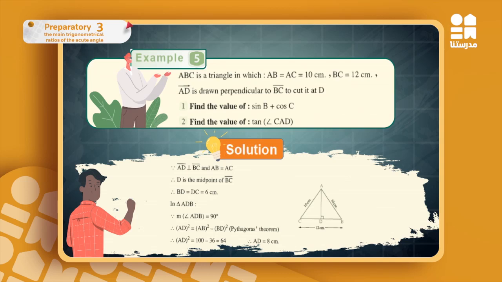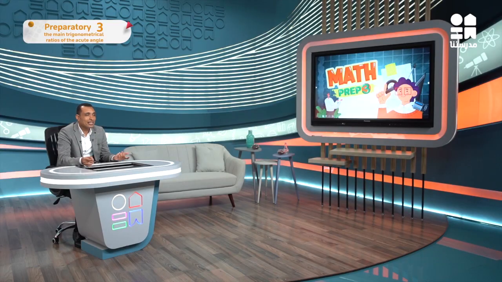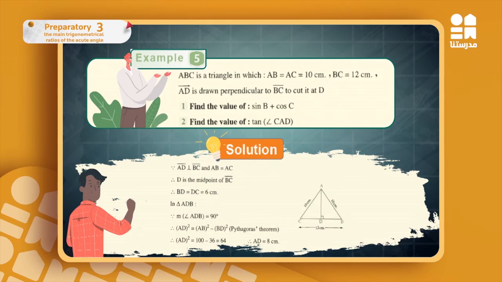So 12 will be divided into 6 and 6. I can say CD equals 6 centimeters and BD also equals 6 centimeters. Nice. I have two right angles, not only one. I have right angle triangle ABD and another right angle triangle ACD.